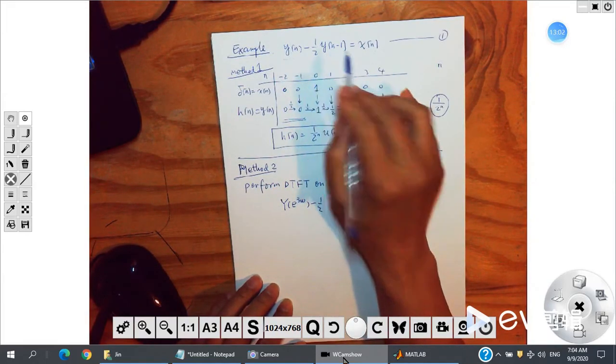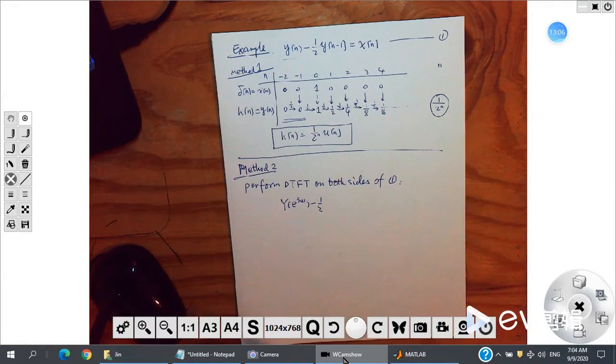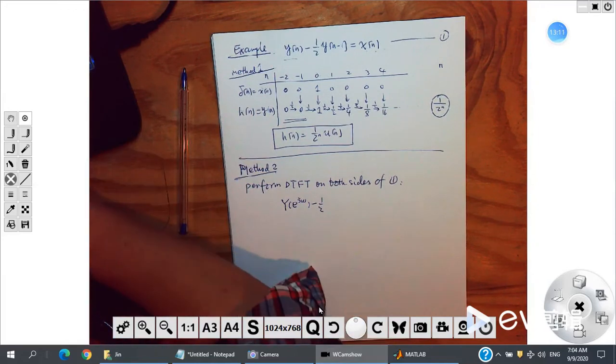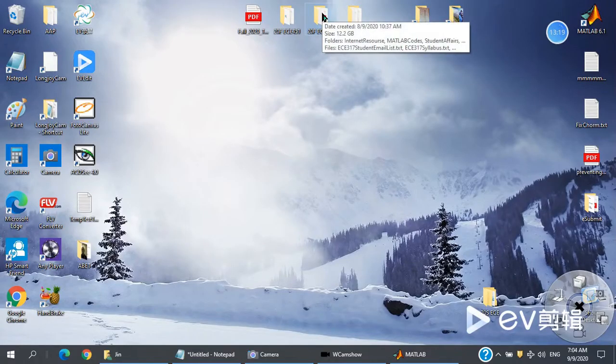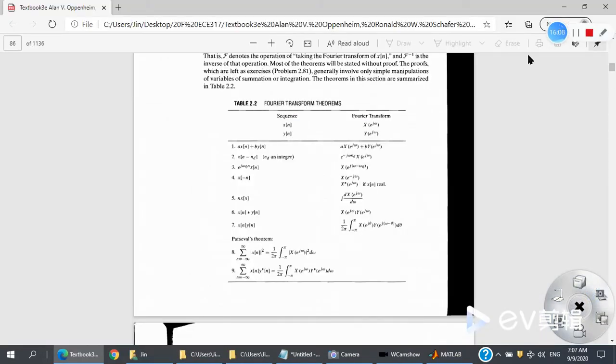Then what will be the result? Last time I suggested you go over the tables, the table of the Fourier transform. Anyone did it? The tables. All right, you get it? You see the second one.